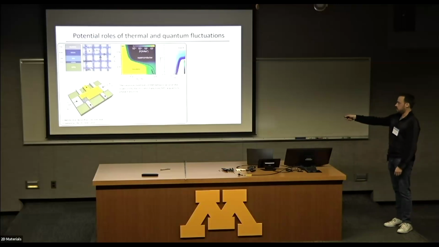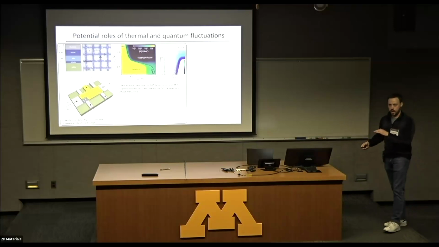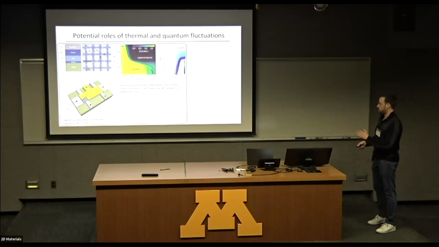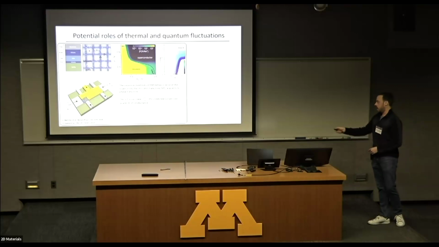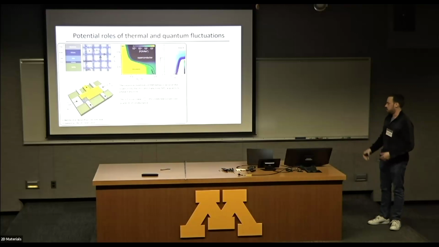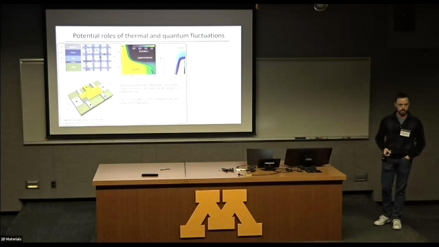And what they find is that they can indeed gate tune through an SIT, but that you often see this extended region of apparently metallic state at around resistivity of h over 4e squared. And that number is thought to be meaningful because it's predicted to be the Cooper pair quantum of resistance.